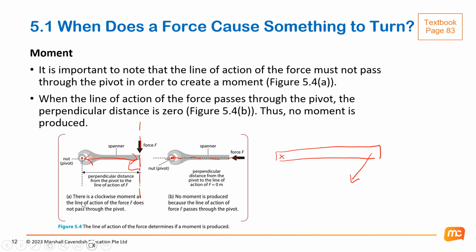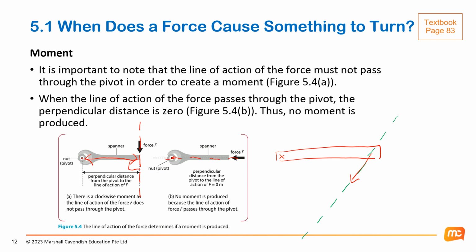Okay, I'm going to use a different color just to make sure that it's easy to see. Let's use green. And we can see that for line of action, like what I said earlier, what we do is we extend the line of the force. So based on this force here, we extend this line. And then from the pivot to the line, I must draw a perpendicular line.